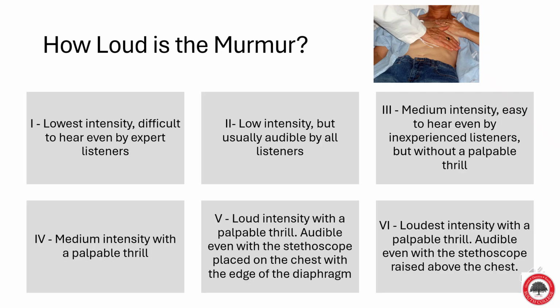Can you hear it barely? Is it the lowest intensity? Is it low intensity, but most people can hear it with their stethoscope? Is it easy to hear for anybody that tries with a stethoscope, but you don't feel a thrill when you place your hand on their chest?